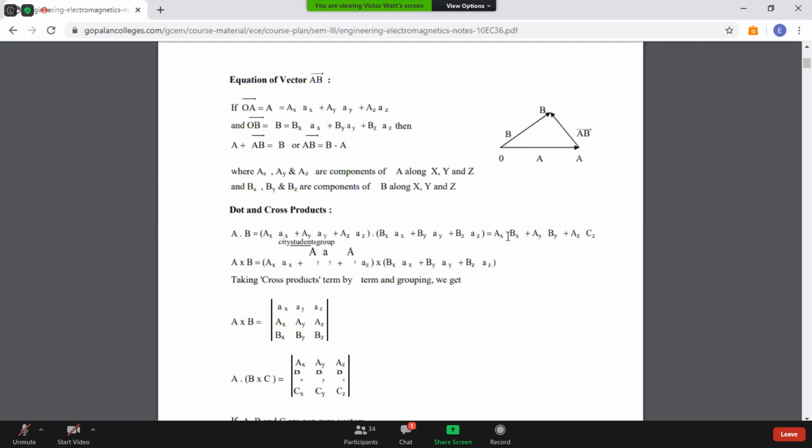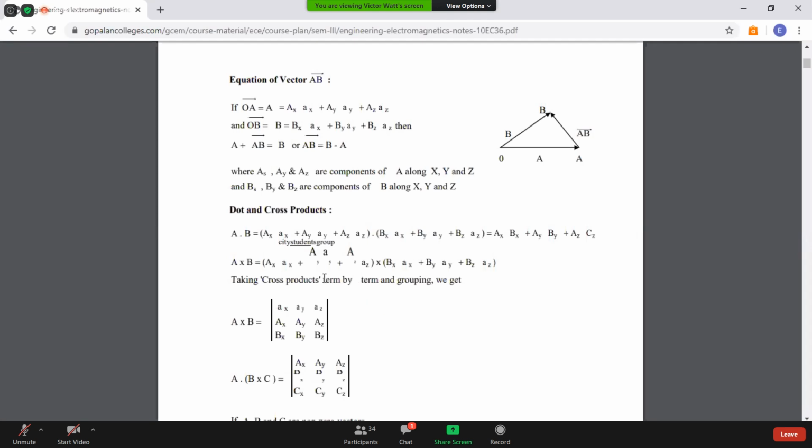Now, A cross B is taken in a similar way as we take these two vectors A and B, the cross product, taking each term, term by term, right?